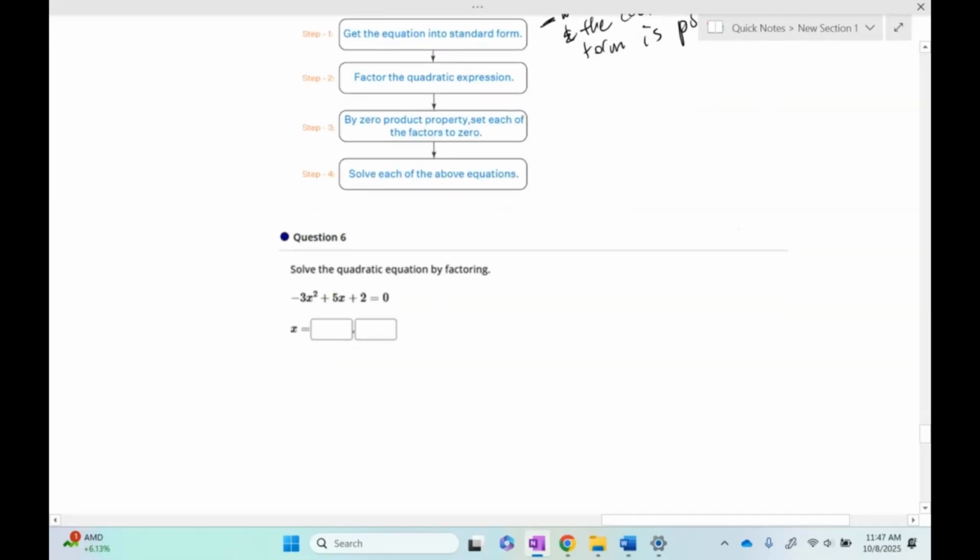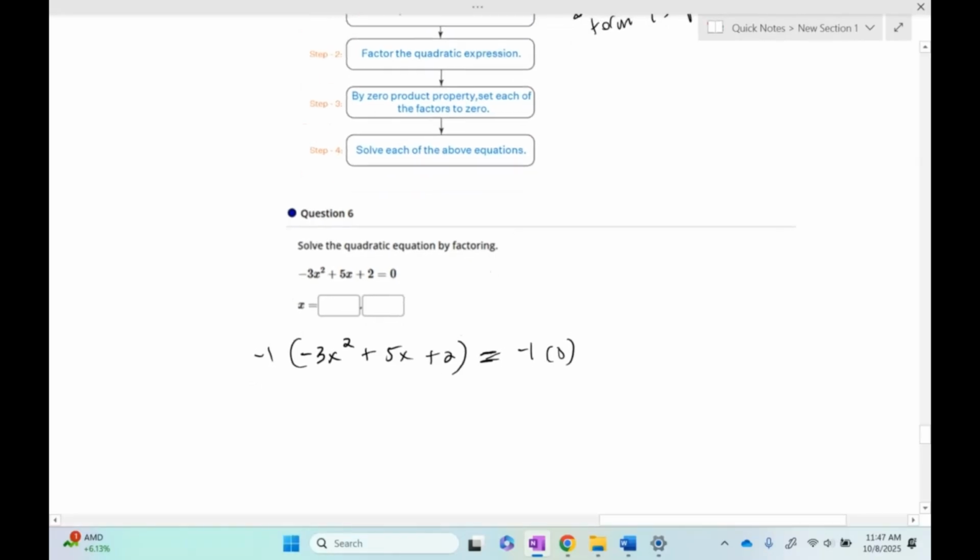So in order to do that, I'm simply going to multiply both sides by -1. So I'm going to multiply the left-hand side by -1. And whatever you do to one side, you do the same thing to the other. So I'm going to multiply that by -1. Now I'm going to remove the parentheses and distribute. The only thing that's really going to do is change my signs.